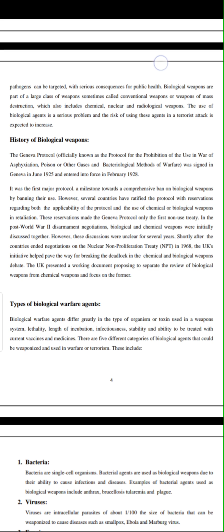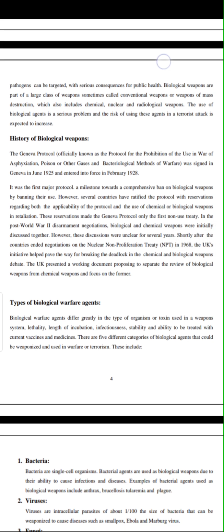The Geneva Protocol, officially known as the Protocol for the Prohibition of the Use in War of Asphyxiating, Poisonous or other Gases, and of Bacteriological Methods of Warfare, was signed in Geneva in June 1925, and entered into force in February 1928.